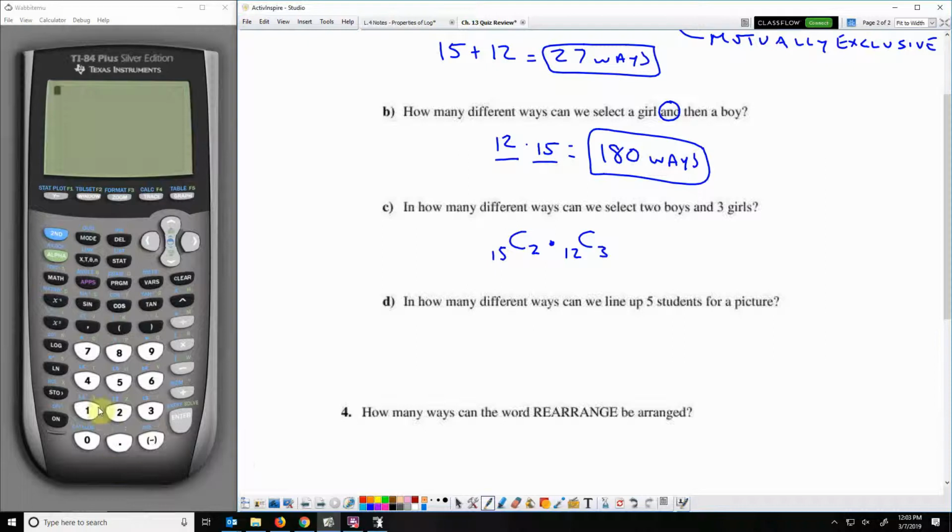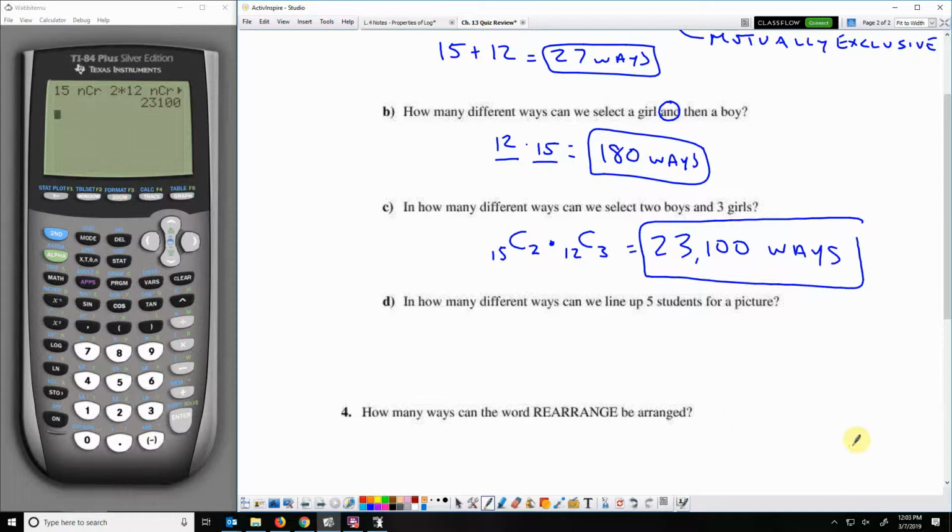So I can evaluate this with the calculator. 15, math, probability, option 3, nCr 2, so that gives me the number of ways to choose 2 boys out of the 15, times the number of ways to choose 3 girls out of the 12. 23,100 ways to choose 2 boys and 3 girls.